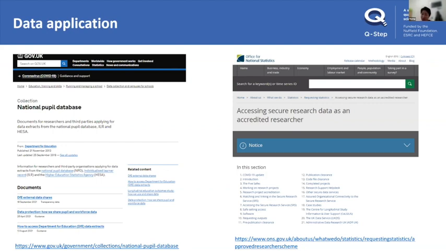Anyway, the SRS, the Secure Research Service online platform, is a trusted research environment that provides access to de-identified unpublished data to enable research for public good. So what is administrative data?